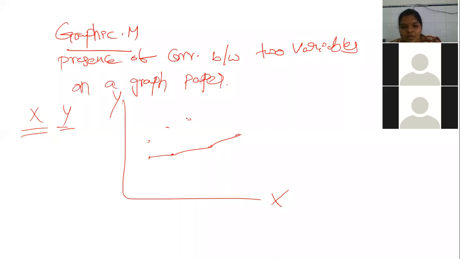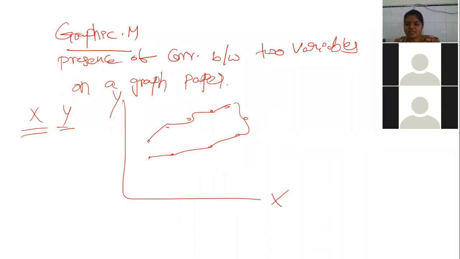If your values are like that, you just join them. This may be called the graphic method. After plotting the points, we are joining the line. These are two graphical methods to express our correlation.